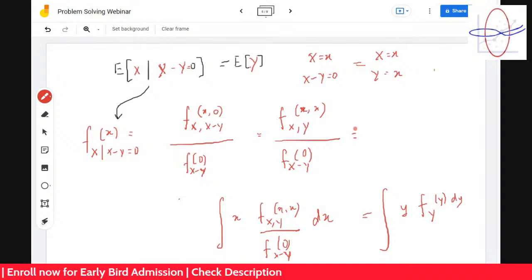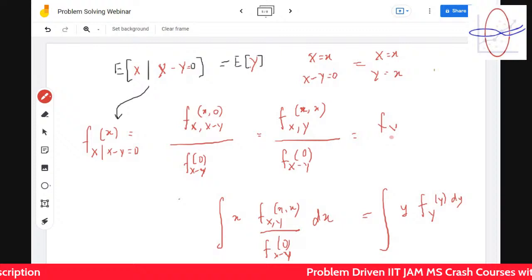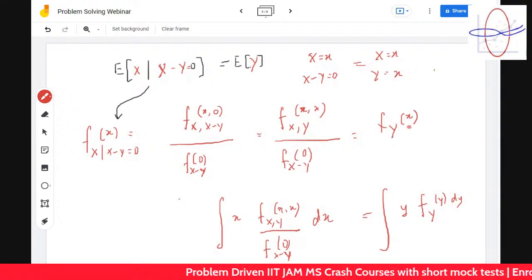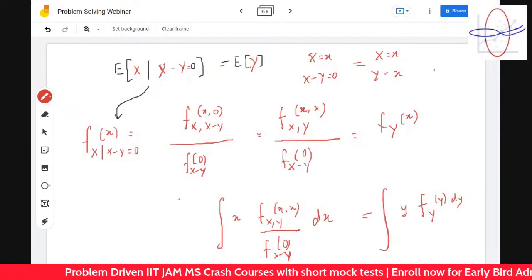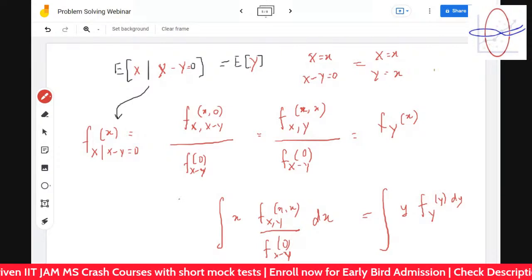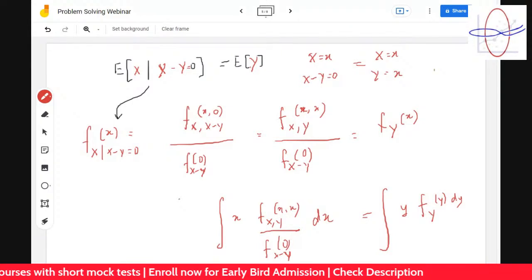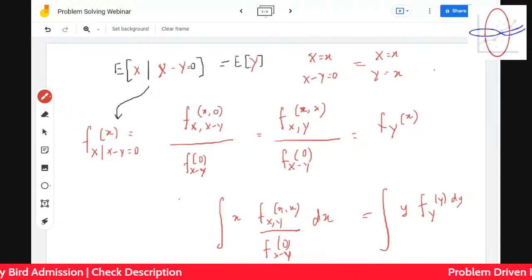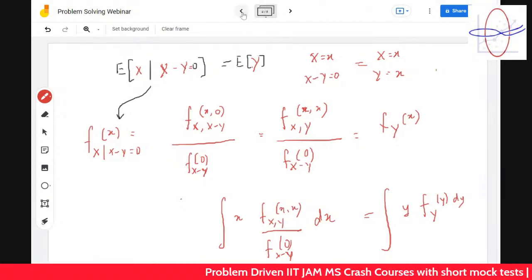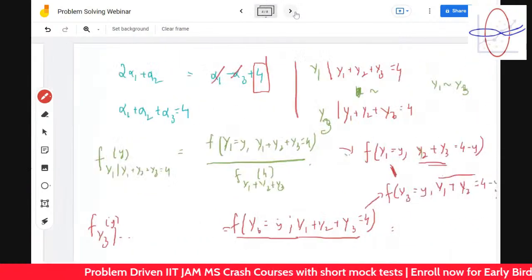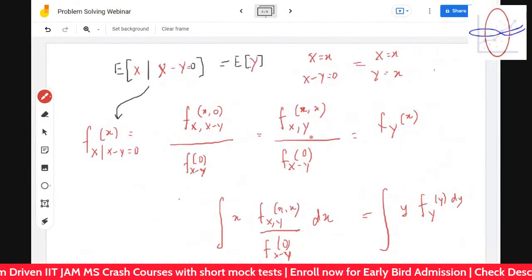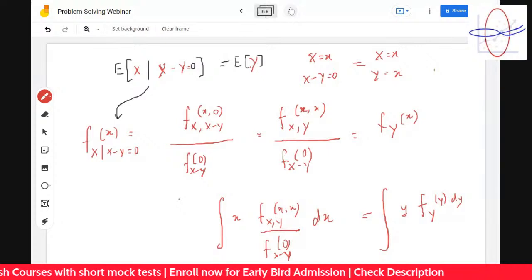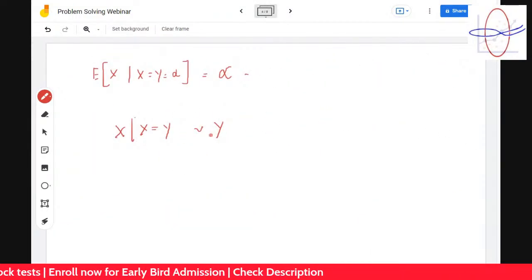So now, can we write it the same as f of y of x? Can we write it like this or not? So my question is, x given x is equal to y, is it the same as y?